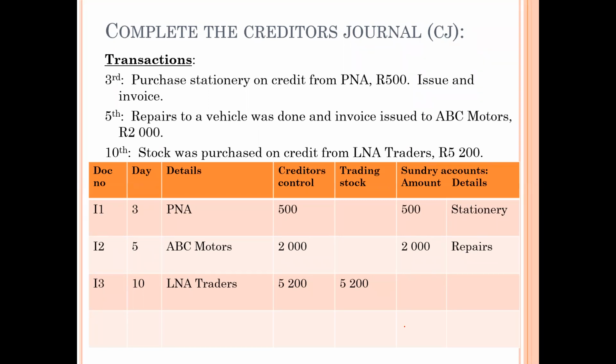Why the totals at the bottom? Sometime, maybe a little bit later this year, we're going to move to the next step in the accounting cycle. That is going to be about the general ledger. And then you're going to need those totals to do the general ledger. All right.